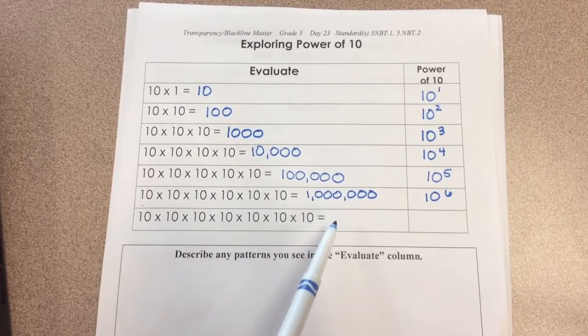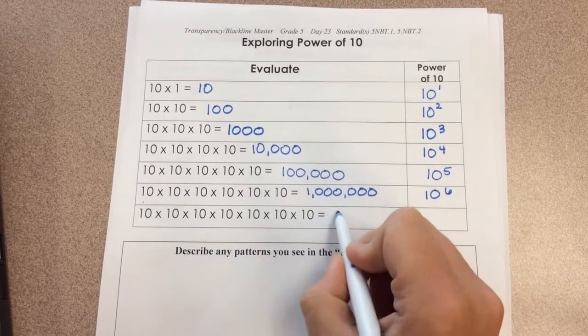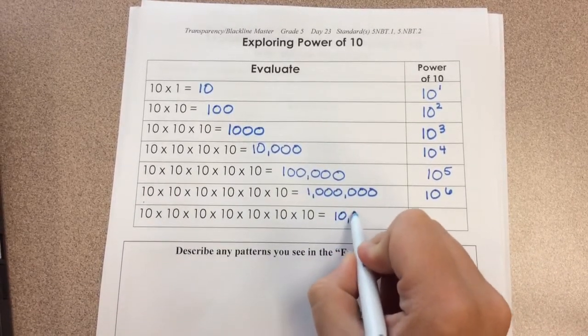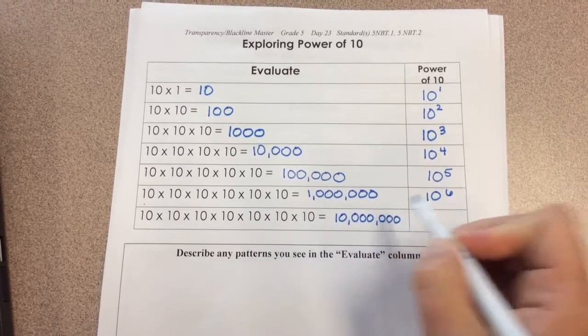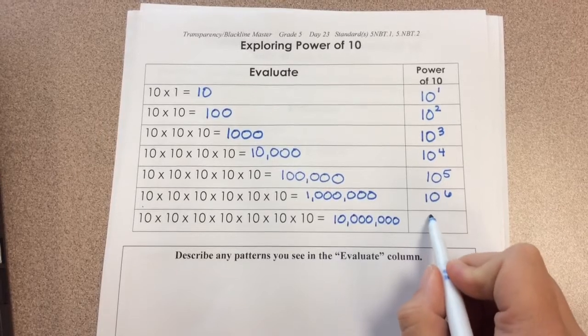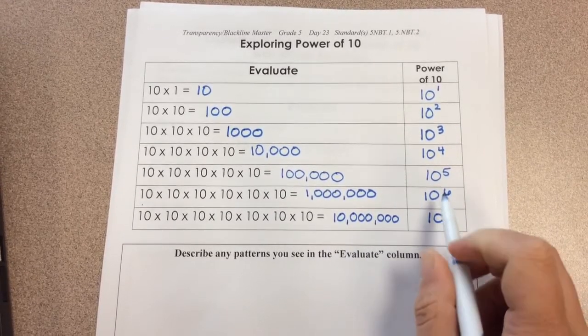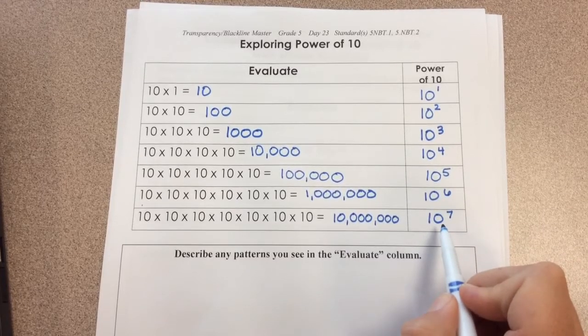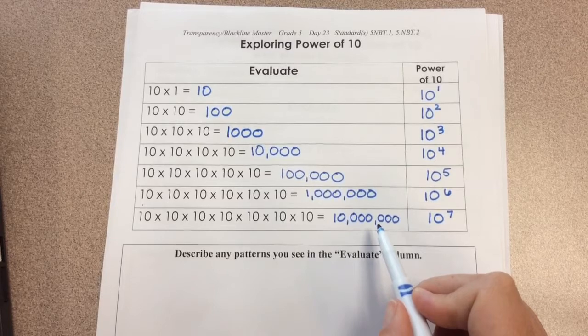Some of you a minute ago might have caught the pattern before I even got to this spot. So you might already know that the answer to this is going to be 10,000,000. Some of you may totally have gotten the pattern between this one. Can anybody make a connection here to the connection over here?